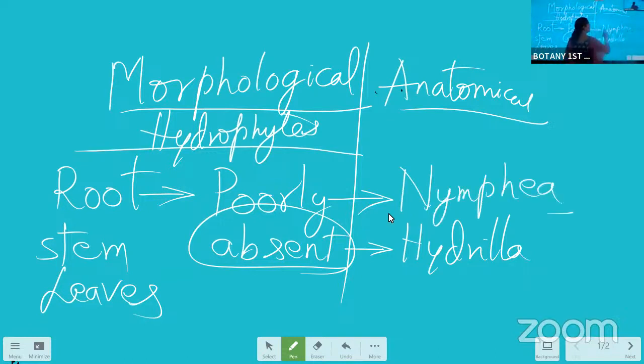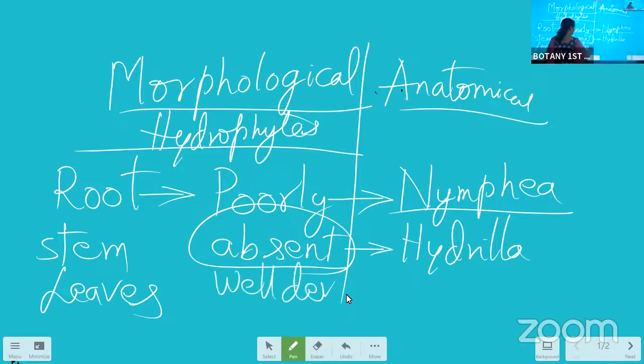Lotus. And next, in some plants the root system is very well developed. Where is it very well developed? In amphibious plants.